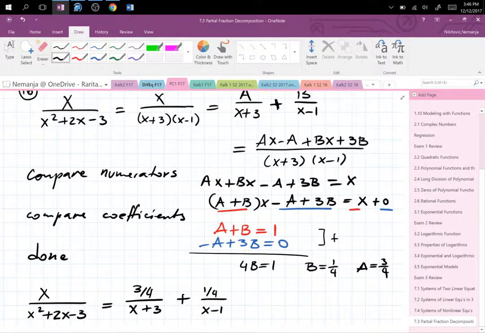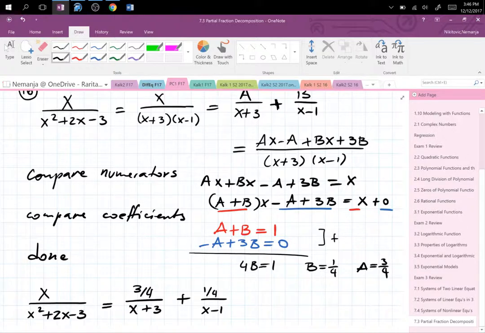And then we add these to get the common denominator so that we can compare. So once we have those, we compare the numerators because denominators are the same. If you multiply both sides by the denominator, it will just be gone, and you have x equals this mess, which is this. You have your ax plus bx minus a. So I just swapped these two terms because I wanted x's to be together and constants to be together.